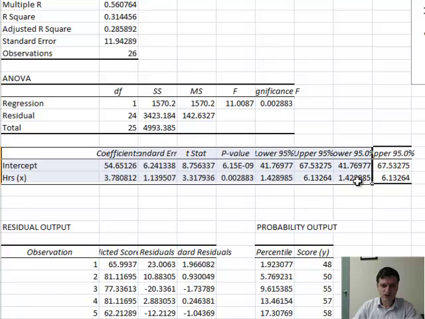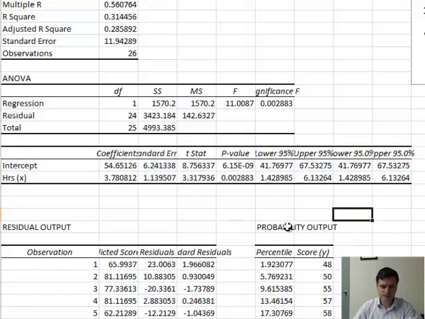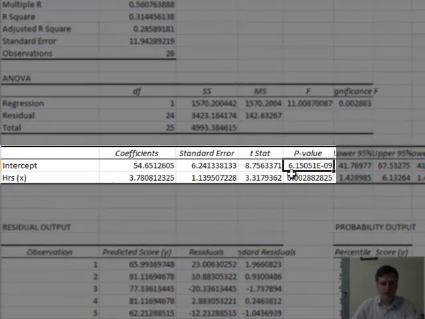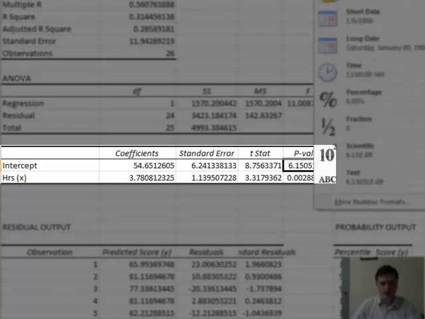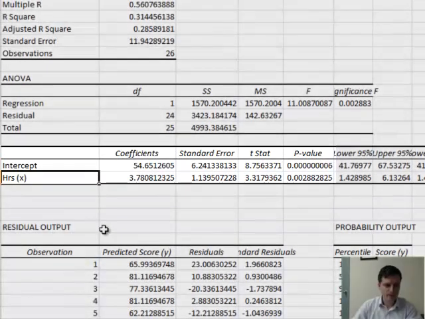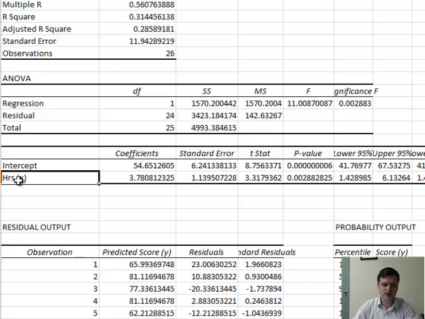This is the most important table here. This is the most important table. That's the regression table. This number here is actually a scientific notation, so I will change that to a number, increase the decimals, and we can see here the real probability value. But the first thing that we need to see is the second row.